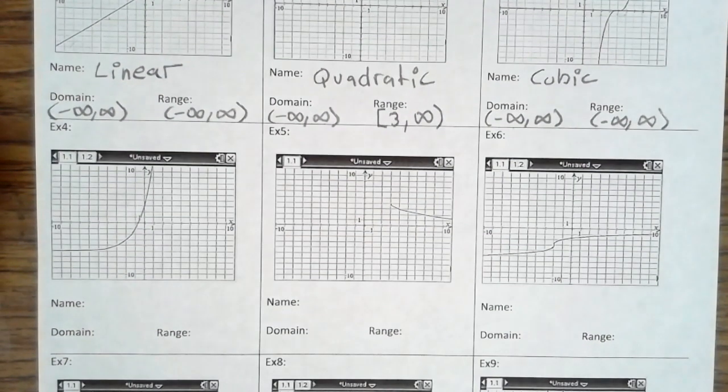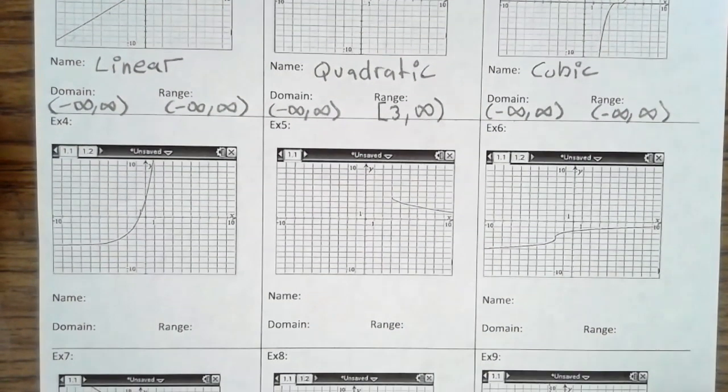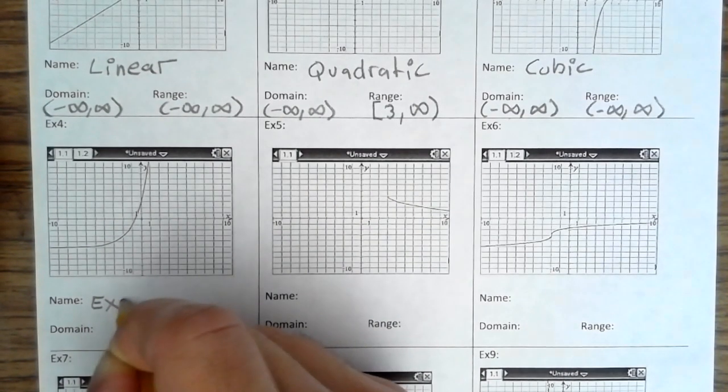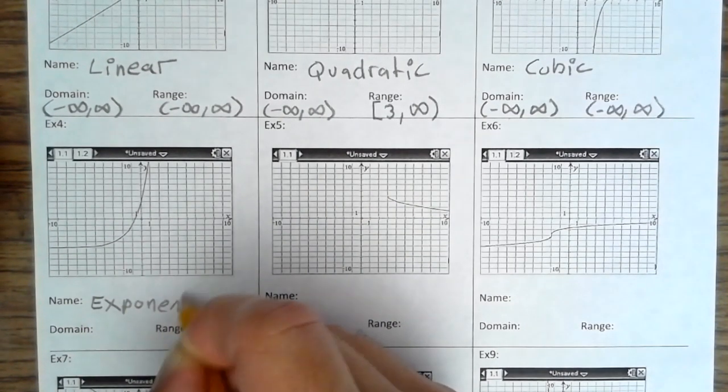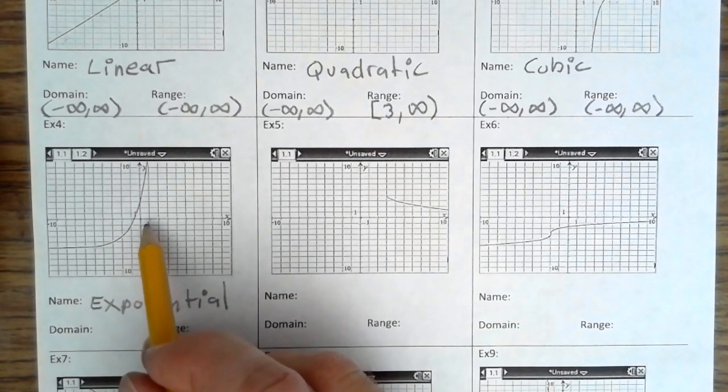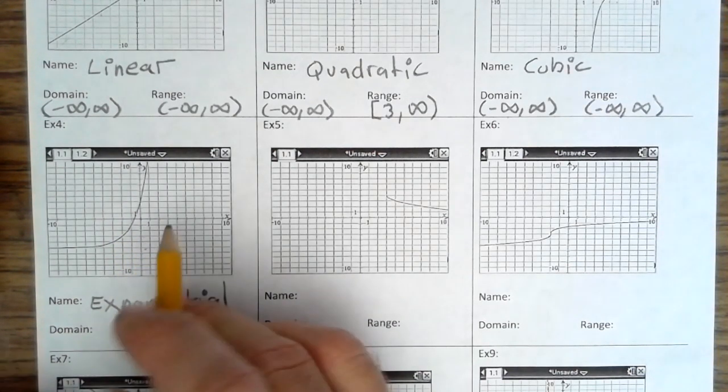Now let's take a look at example 4. Okay, the name of this function is exponential. Now, the domain here, it looks like it went down negative 1, 2, 3, 4, 5.